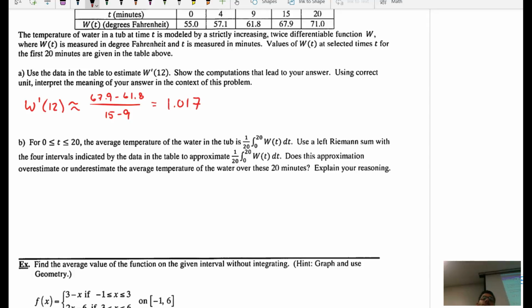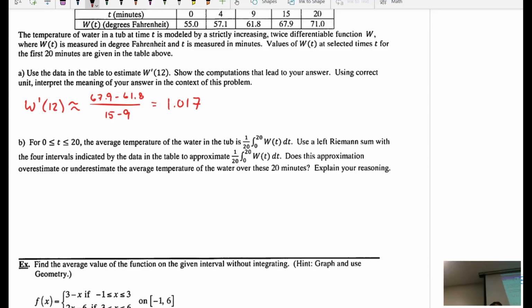Because the question says a twice differentiable function W. What are they telling us when they say a twice differentiable function W? That the second derivative exists. So they're not saying that this is the second derivative. Differentiable means able to be differentiated. And so twice differentiable, able to be differentiated twice. So this is still W, but twice differentiable.